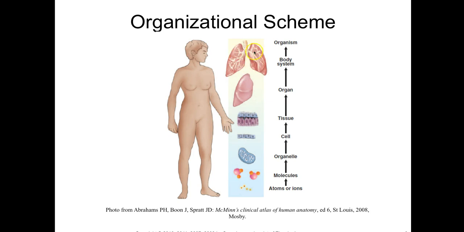So many organs will come together to create a body system. In this case, the system we're talking about is the respiratory system. So that would also consist of things like bronchi and alveoli and the trachea, your larynx, your nasal passages, and more than that. And these body systems would come together to create an organism.